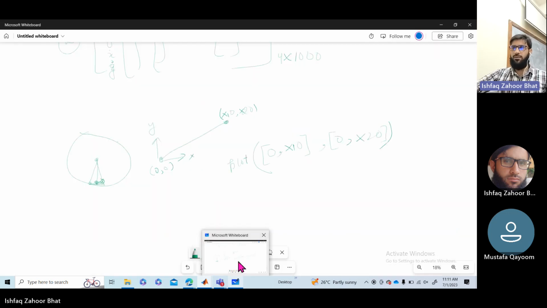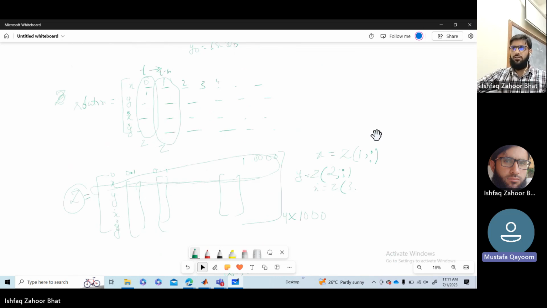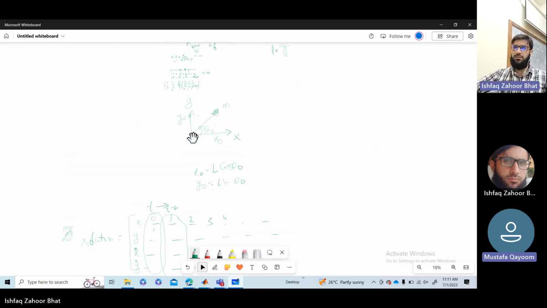How am I able to write it? Now I got it, it is the angle with respect to the horizontal. x naught equal to L cos theta is only possible if I write it like this. But your question is valid. In most of the cases it is vertical, it is like this.